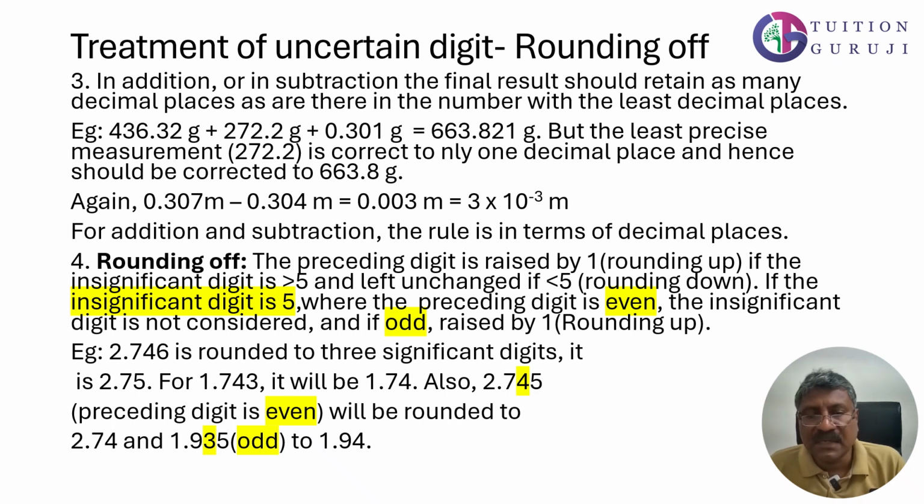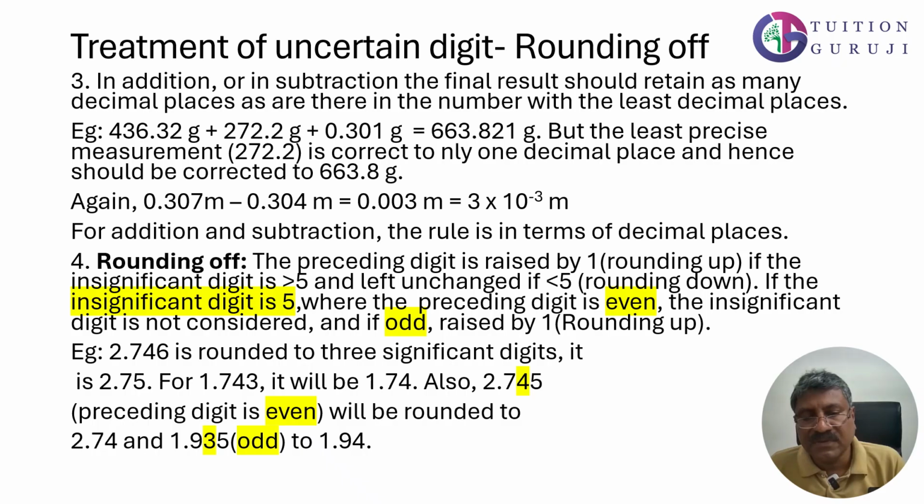Now let us consider rounding off. The preceding digit is raised by 1 if the insignificant digit is greater than 5, and left unchanged if it is less than 5, rounding down. If the insignificant digit is 5, where the preceding digit is even, then the insignificant digit is not considered. If it is odd, it is raised by 1. For example, 2.746 is rounded to 3 significant digits. It is 2.75 because the insignificant digit 6 is more than 5.